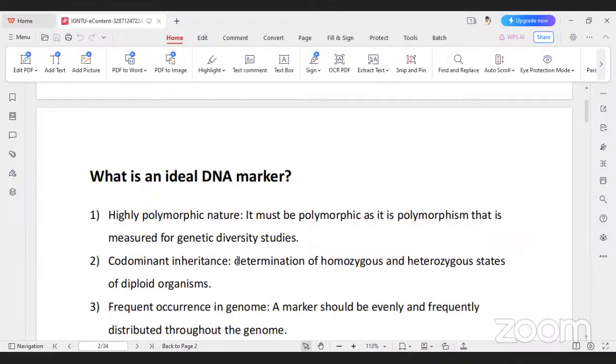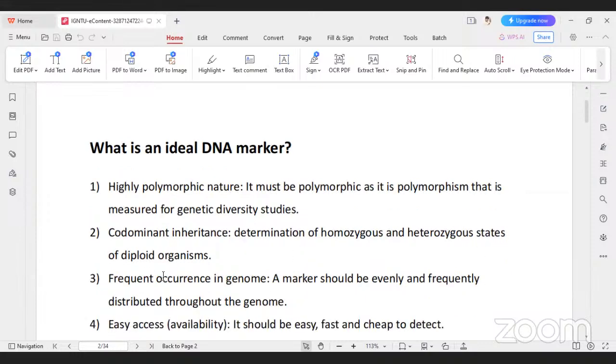Codominant inheritance determines the homozygous and heterozygous states of diploid organisms.